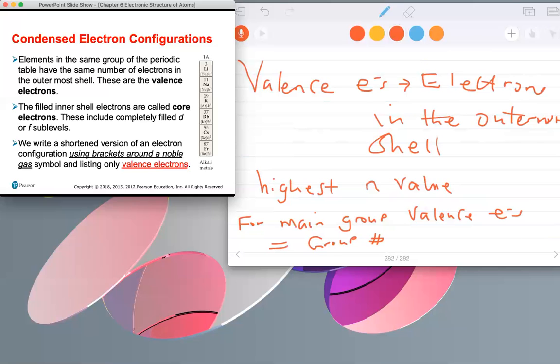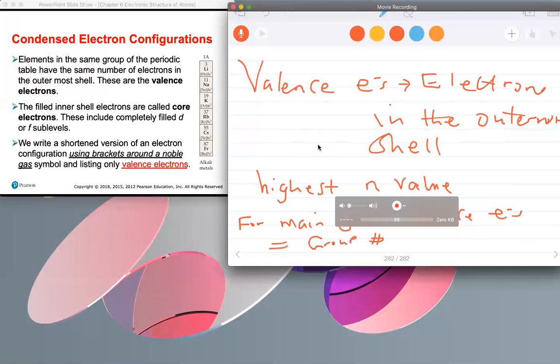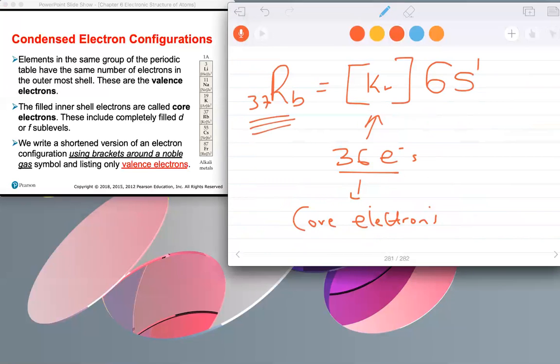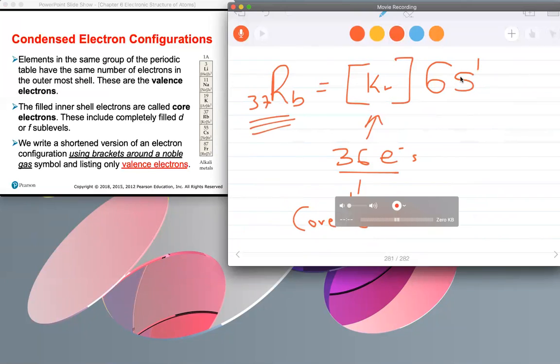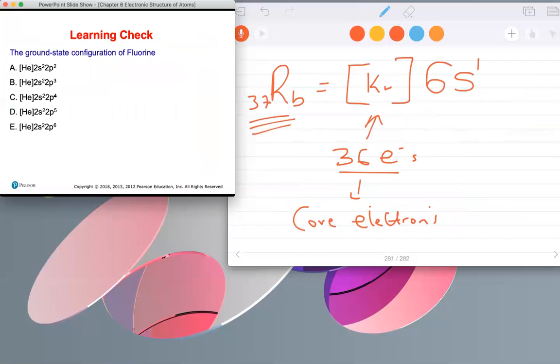For example, in this example I showed you before, 6s2 and 6s1, this is the valence electron. It's in group 1. With that, that is just what you need to know as far as the 3 methods of writing electron configuration.